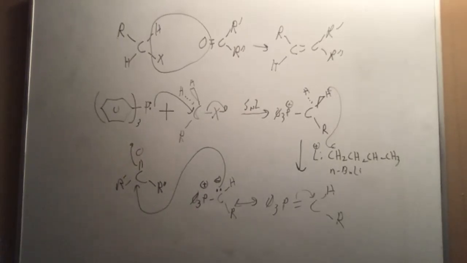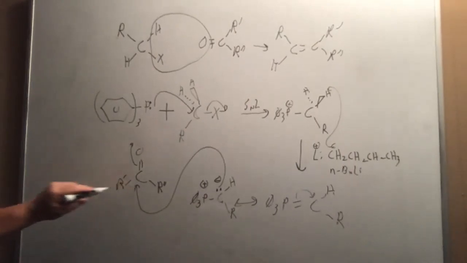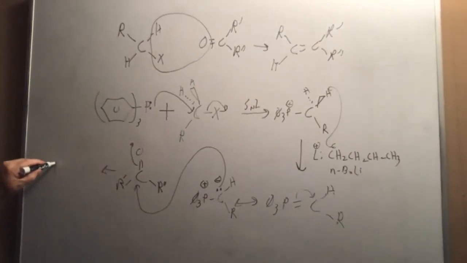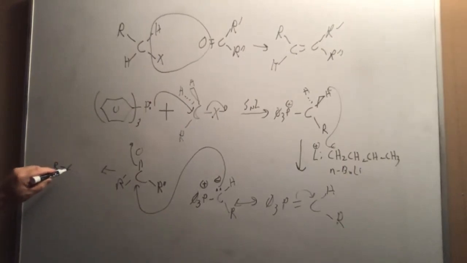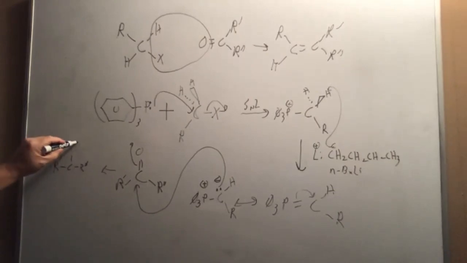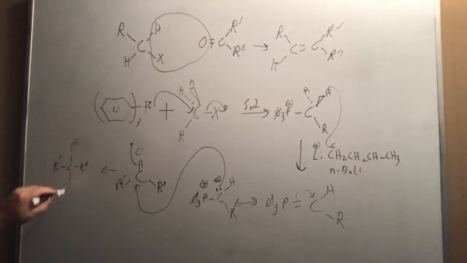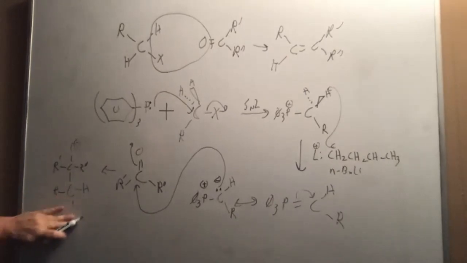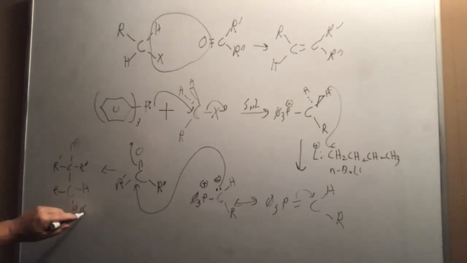Now I'm out of room on my board, so I'm going to have to erase some of this. I was hoping to be able to get the rest of this on here. Notice what this now gives me: an R prime hooked to a C, hooked to an R double prime with an oxygen on it with a negative charge, hooked to a carbon, which is hooked to a hydrogen, which is hooked to an R, with a triphenyl group over here, hooked to a phosphorus.